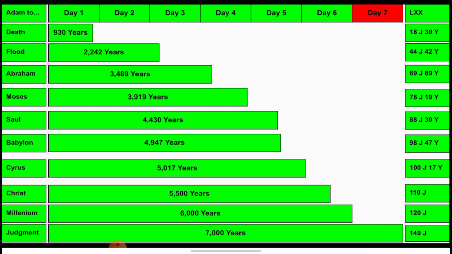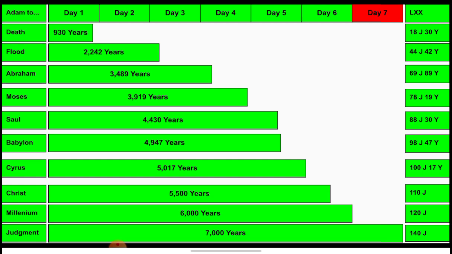Okay, and then an ellipsis, or 3 dots. And then below we have the events. So from Adam to his death, to the flood, Abraham, Moses, Saul, Babylon, Cyrus, Christ, millennium, and the judgment. And then in the top right corner, we have the LXX, just to signify that these numbers are based off of the Septuagint reading.